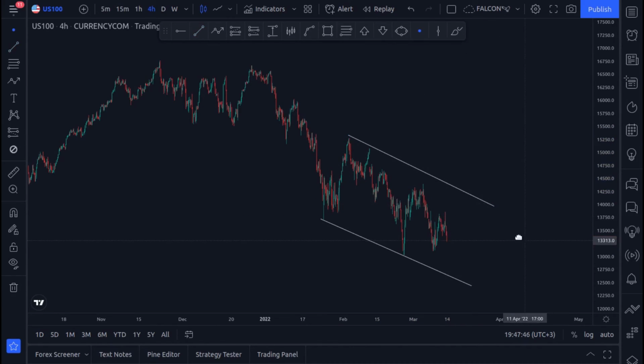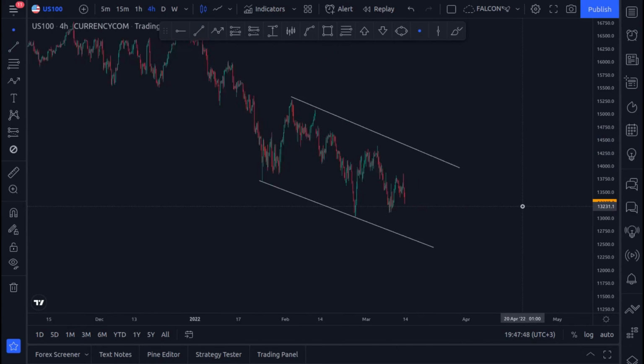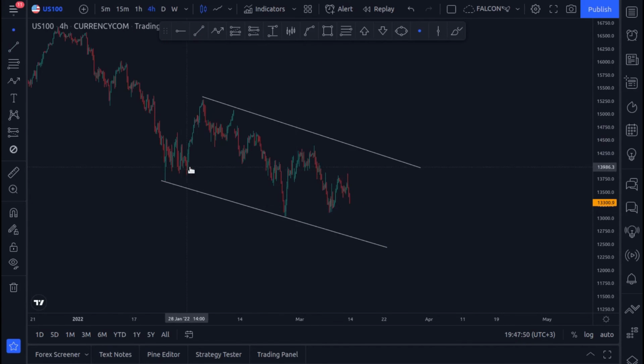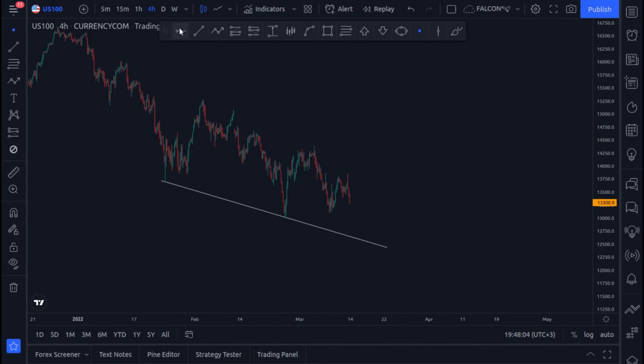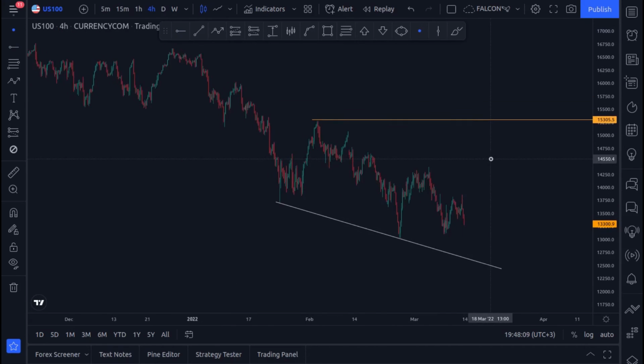So this is what I see: an ascending channel, first touch, second touch, but we don't have the second touch to the upside, so there is a higher chance of the price pushing up, then we finally go down to the third touch before getting back up again. Okay, so let's just use this for now because we don't have the second touch of the upside.